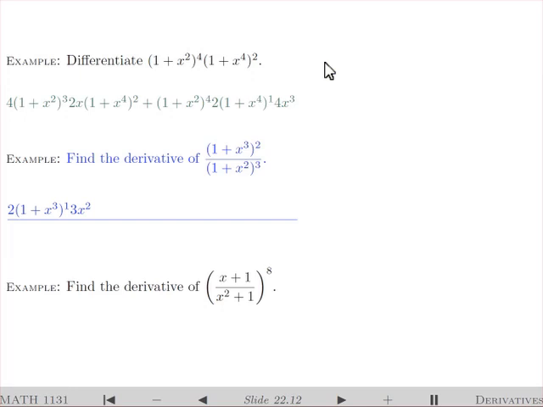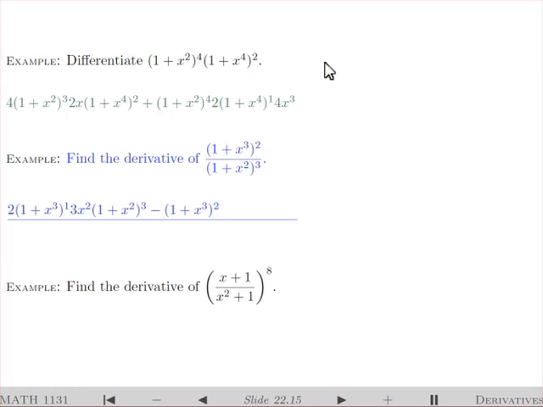The quotient rule tells me that in the derivative, the first term in the numerator is the derivative of the numerator, which I've just done, times the denominator, (1 plus x squared) to the power 3. Then minus the numerator times the derivative of the denominator. The denominator in the original function is (1 plus x squared) to the power 3.